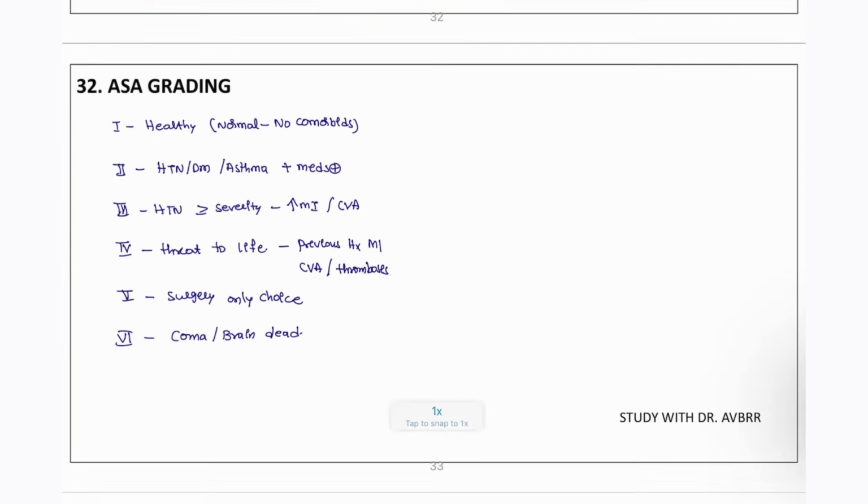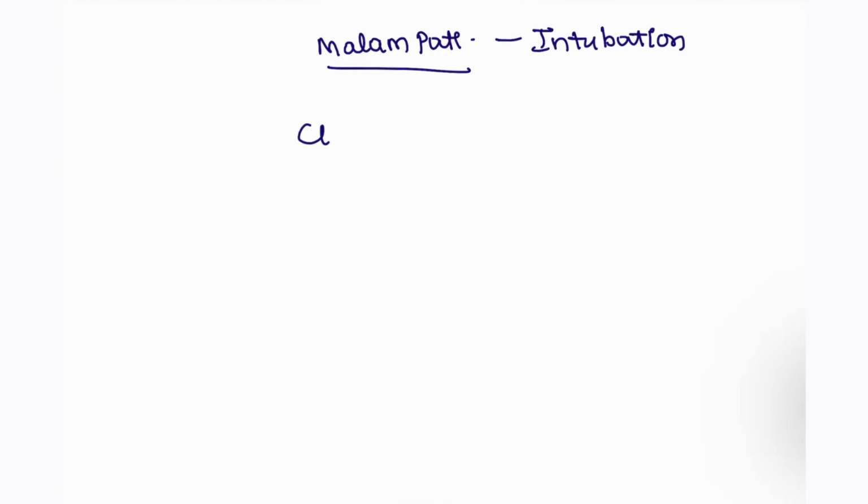Next, I also want you guys to understand the Mallampati score. The Mallampati score is used especially for intubation, for airway purposes. For class 1, the visualization will be normal.